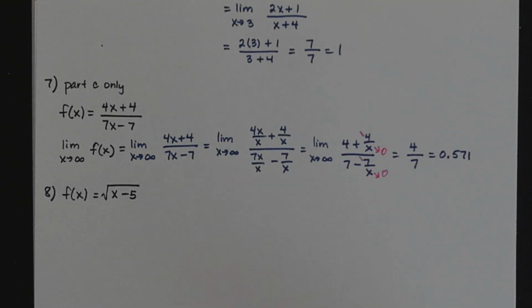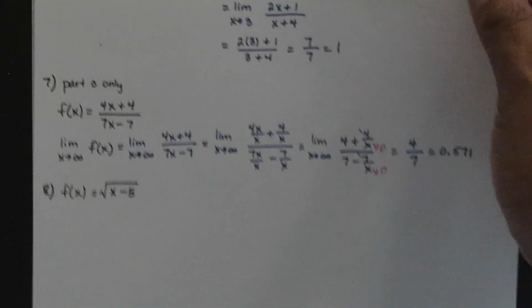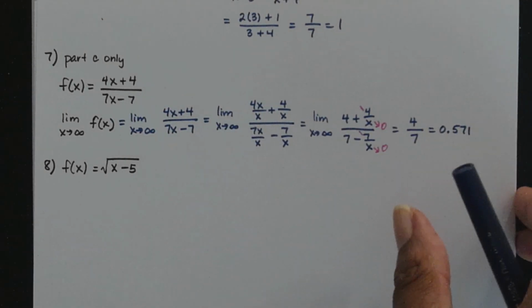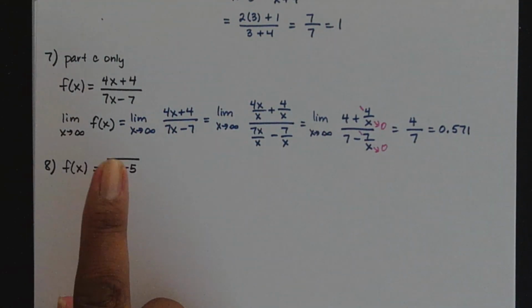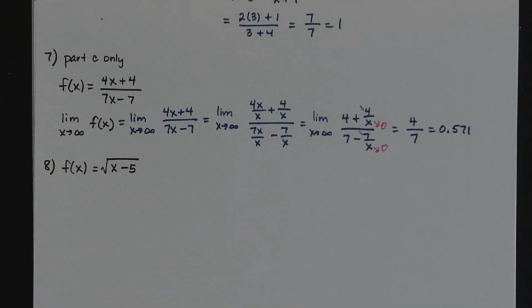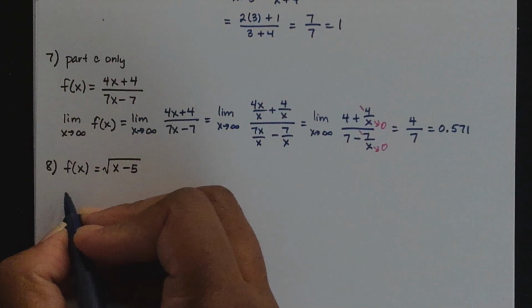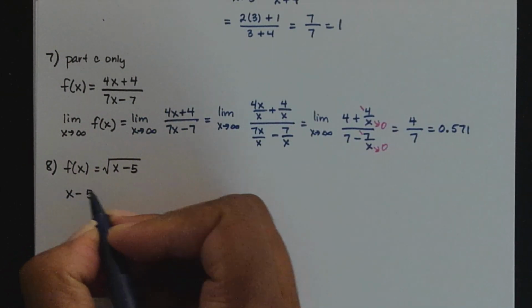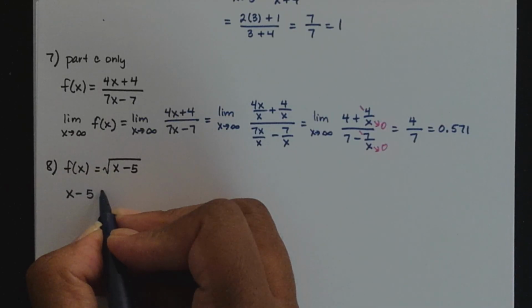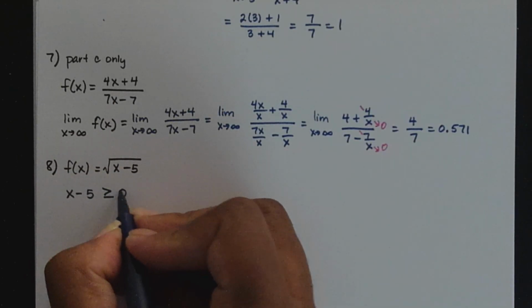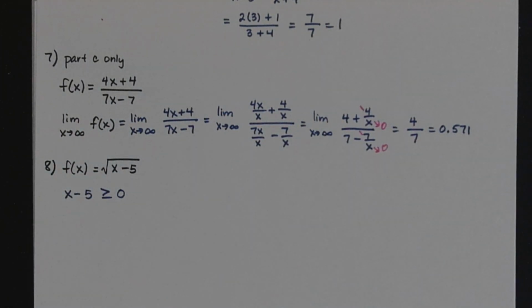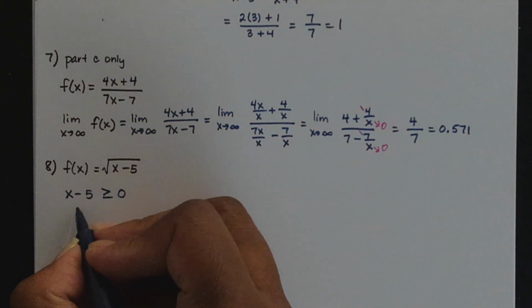Now, here we got a square root. We know that for a radical, for a square root, that's only true if what's underneath that radical is a positive number or 0. So that means I need to take that expression x minus 5 underneath the radical and set it to be greater than or equal to 0, and get x by itself.